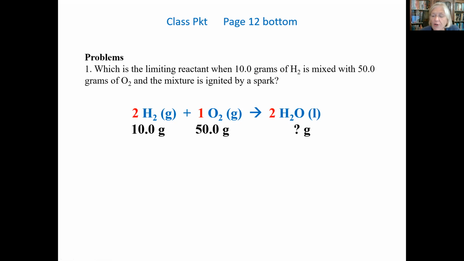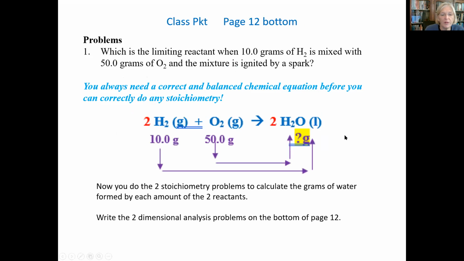I'd like you to diagram this balanced chemical equation first. Oops, sorry. So here's the diagram, and I want you to pause the video and do the two stoichiometry problems. Write the two-dimensional analyses on the bottom of page 12. Stop and come back.